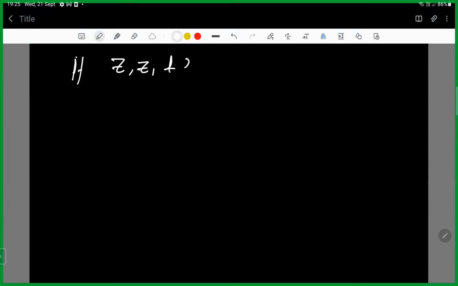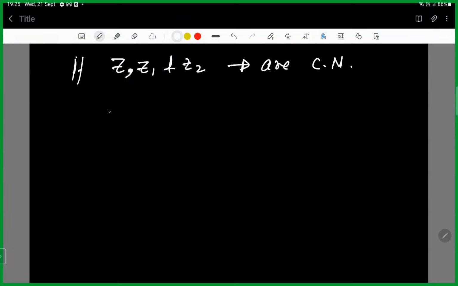Okay, so complex number. Write down another property of complex numbers. Conjugate properties we are writing, right? Let's say z1 and z2 are complex numbers.